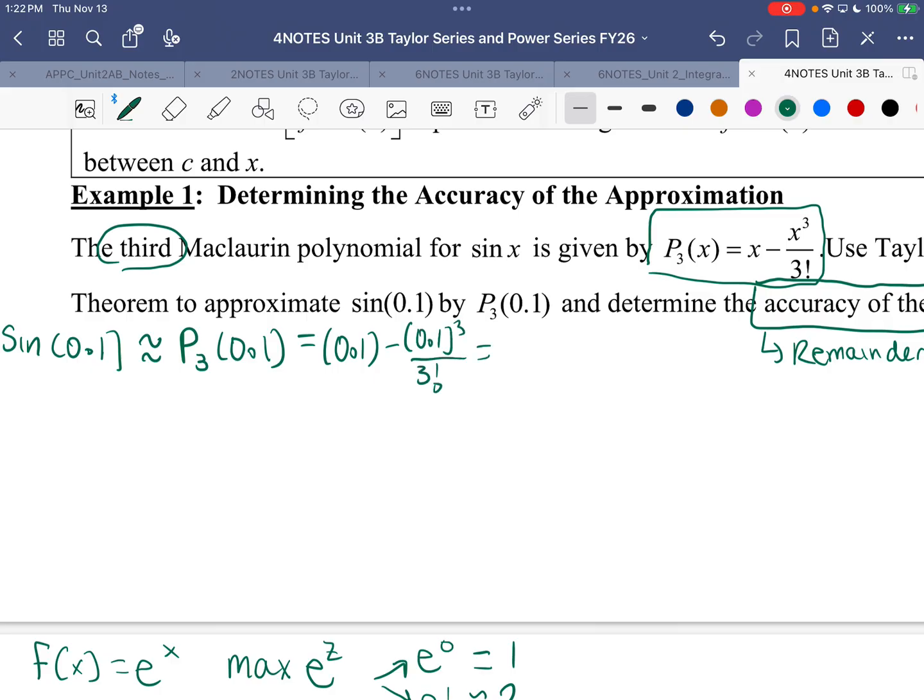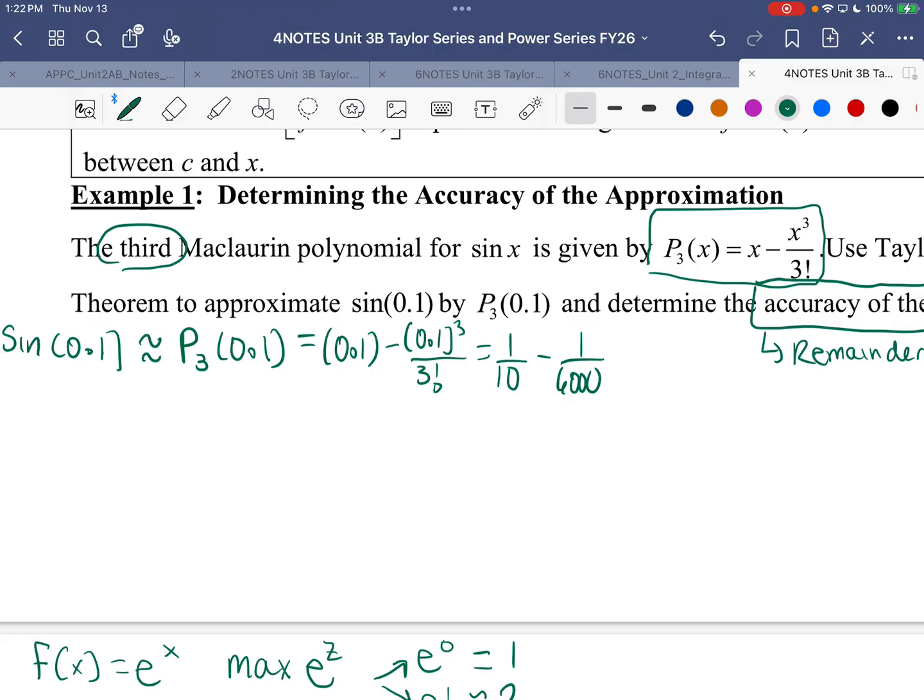Okay, what's 0.1 as a fraction? 1/10. What's 0.1 cubed? 1/1000. And then what's 3 factorial? 6. So you have 1/1000 times 1/6. So we have 1/6000.